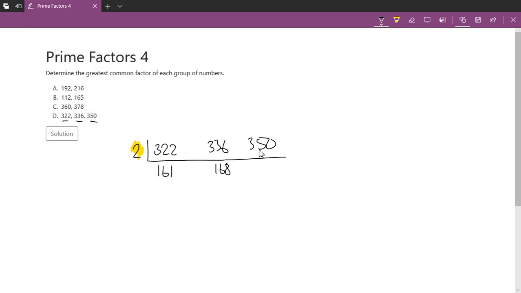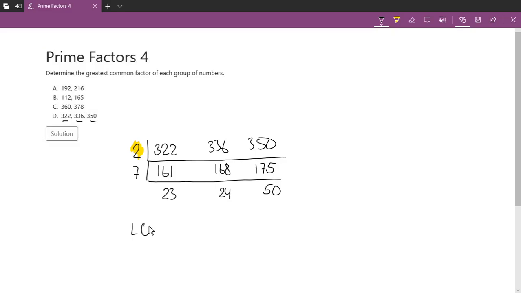168, and 350 divided by 2 is 175. We can factor out a 7 here, the prime factor of these 3 numbers, which leaves us with 23, 24, and 50. And we're done. There are no other prime factors that these 3 numbers at the bottom have in common.